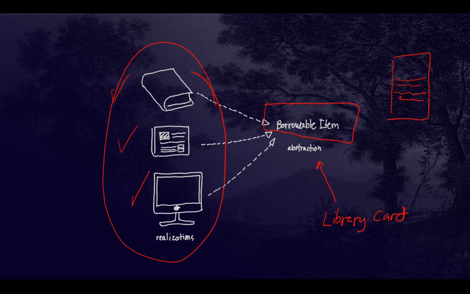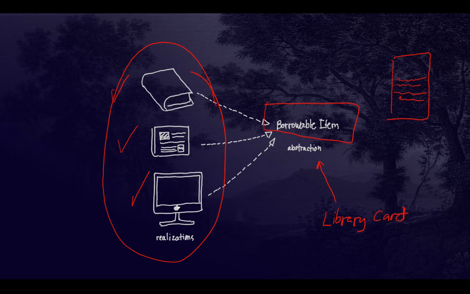We will explain more about these reasons when we discuss SOLID design principles in detail. Therefore, the best architecture to use in this situation is to make each resource type, books, newspapers or periodicals, and computers, realizations of some abstract borrowable item.